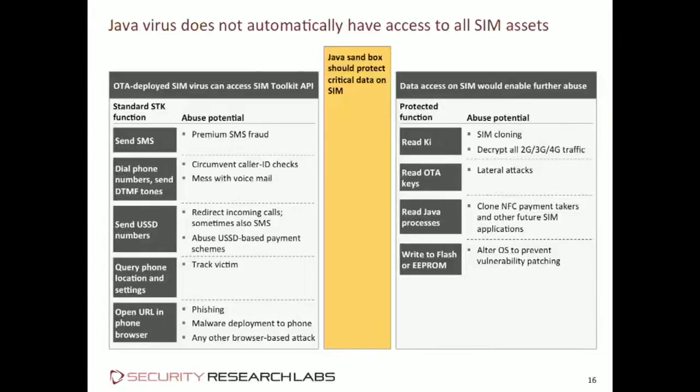Included are obvious things like sending SMS. That's how an applet would usually communicate with its server. But also included are functions where it's not all that clear why a SIM applet would ever need to do that. For instance, dialing a number for you and then sending DTMF tones. That's very useful for a virus that wants to log into your voicemail and reconfigure things or forward messages.